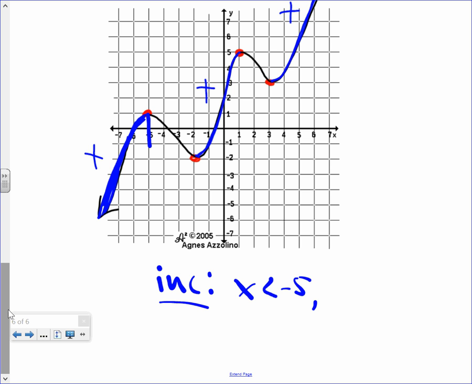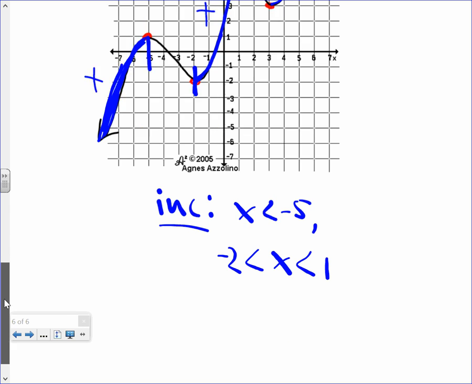So all this is x is less than -5, and now from here, look, we've got a starting point and an ending point there. That's where x is going to be sandwiched in between a smaller and a bigger number. X is going to be bigger than -2, but less than 1, huh? That's this part.